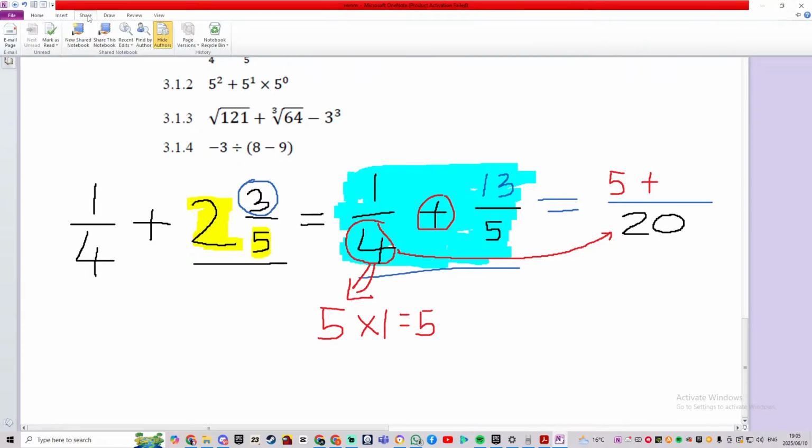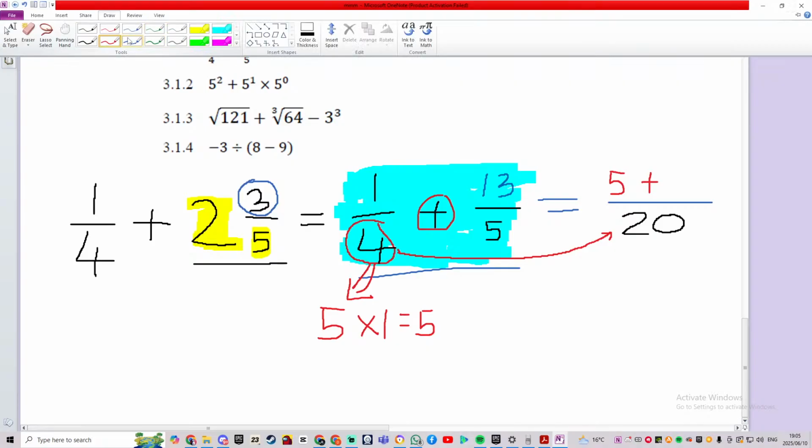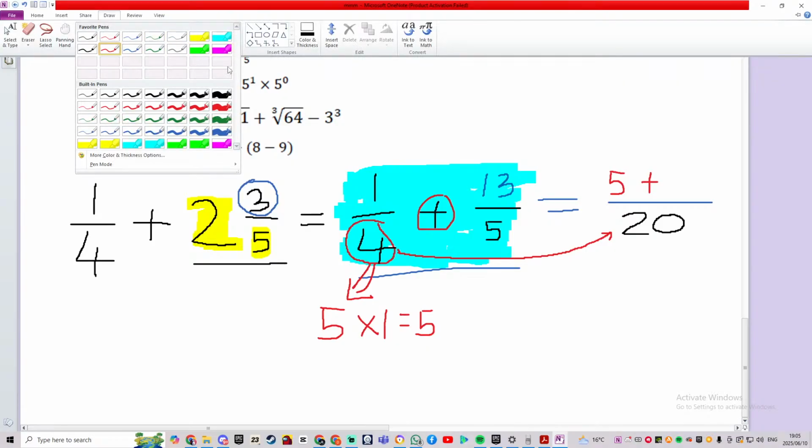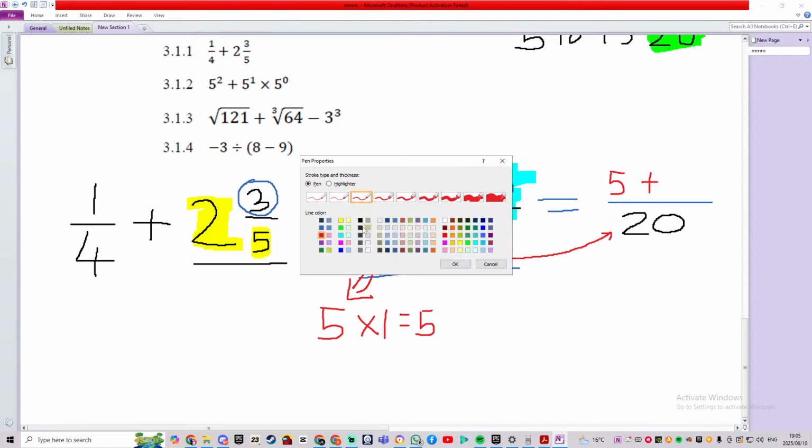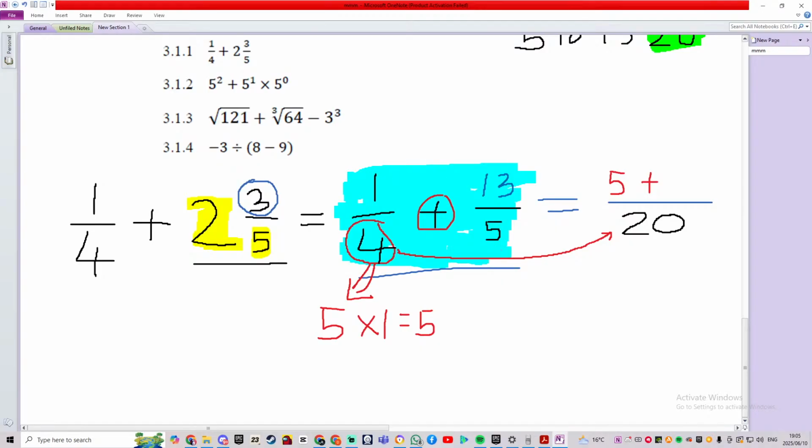Next thing. Now I'm going to look at the other denominator. This fraction over here is a 5. I ask myself, how many times does the 5 go into 20? 4 times.